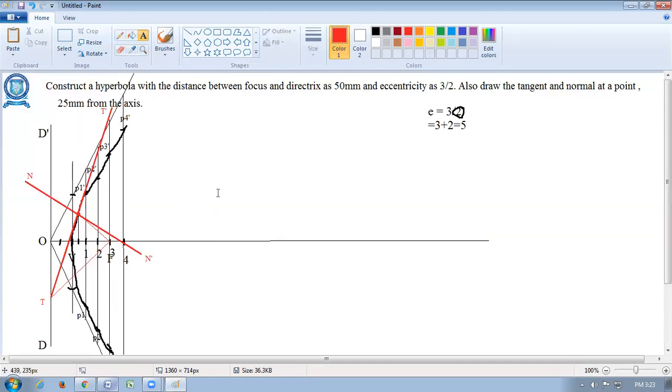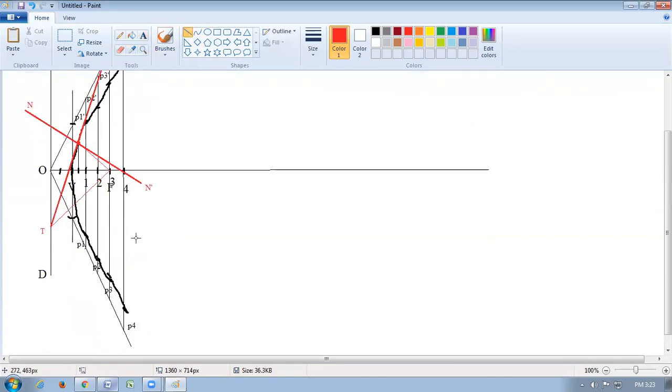Now the dimensions as per the procedure. This is the focus distance, 50 mm.